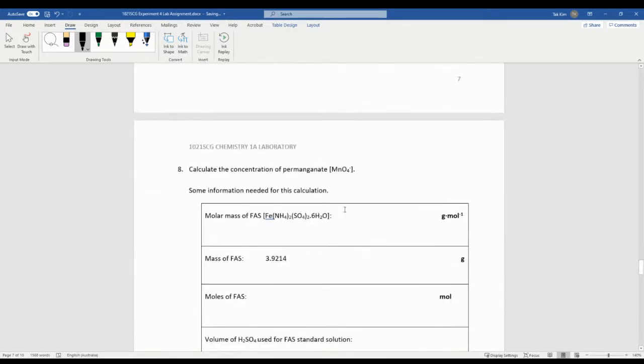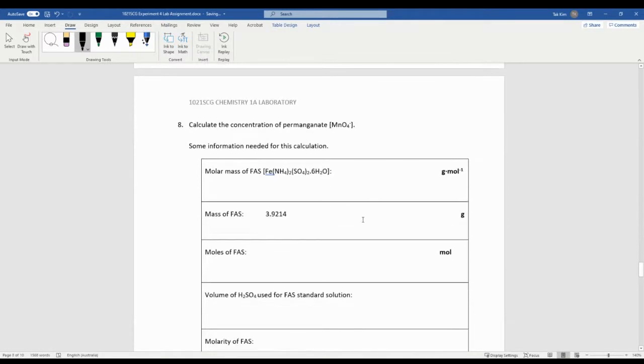Okay, so let's have a look at the numbers we have. For the molar mass, if you are in the lab, you should be able to find numbers on the stock bottle, but I want you to look at each individual atom and calculate it.